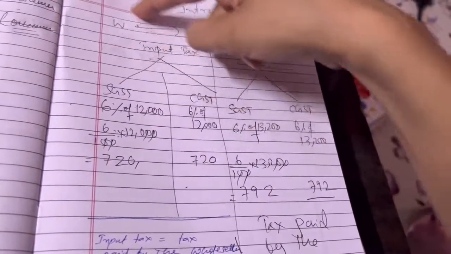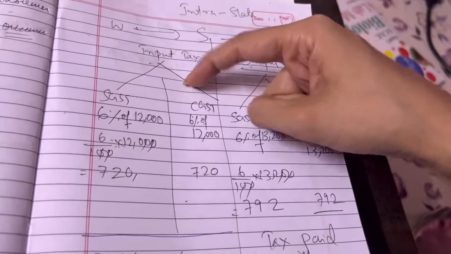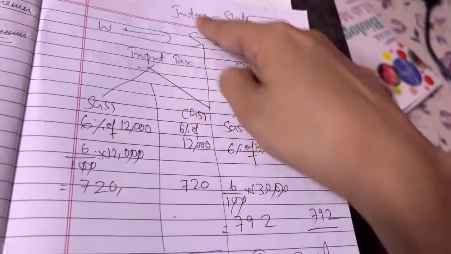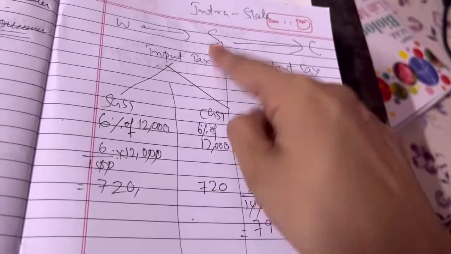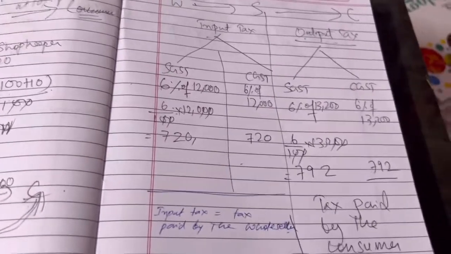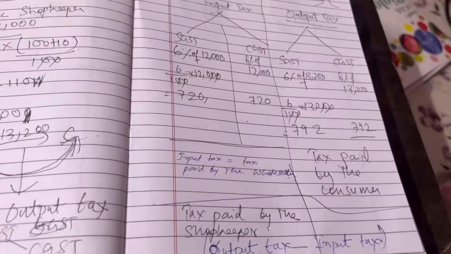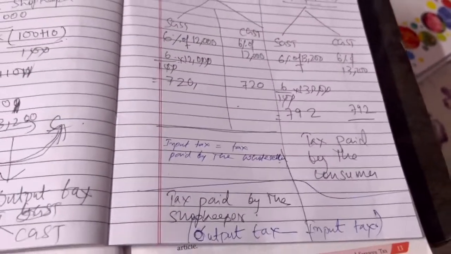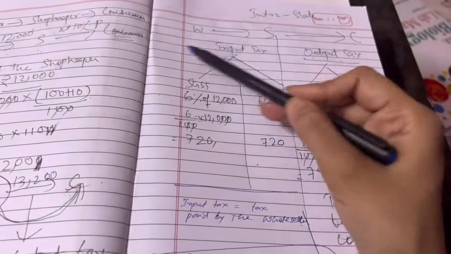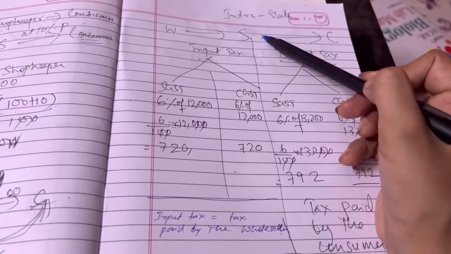This person's tax will be equivalent to input tax, and this one's tax will be equivalent to output tax. So what will be the tax paid by this one? Output tax minus input tax. Now, what is the amount of tax that will be collected by the government? The amount of tax received by the government is the tax paid by the wholesaler plus the tax paid by the shopkeeper.